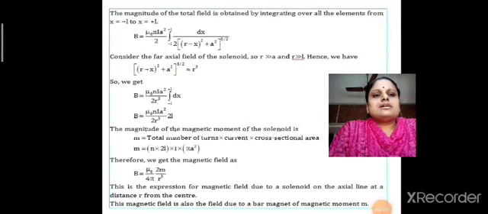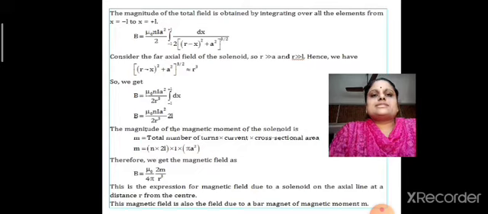Here, the distance r from the center of the solenoid to the external point P along the axial line is very much greater compared to a or L, where a represents the radius of the solenoid coil and L represents the half-length of the solenoid coil.